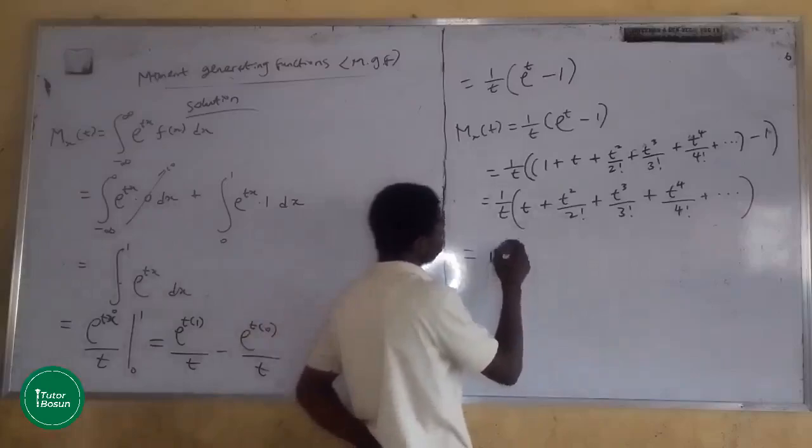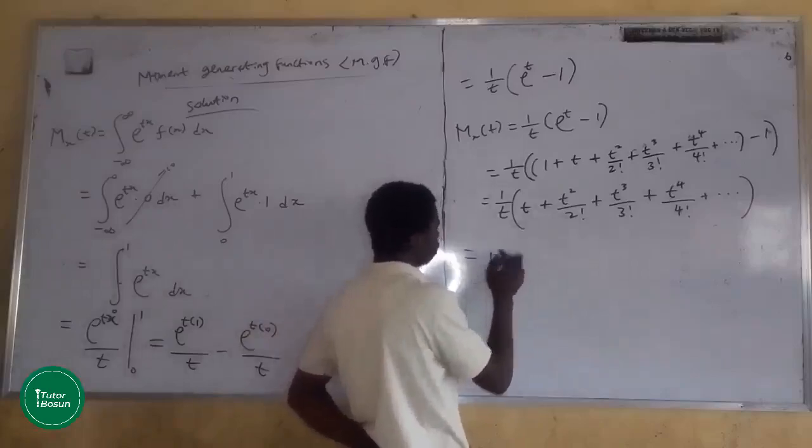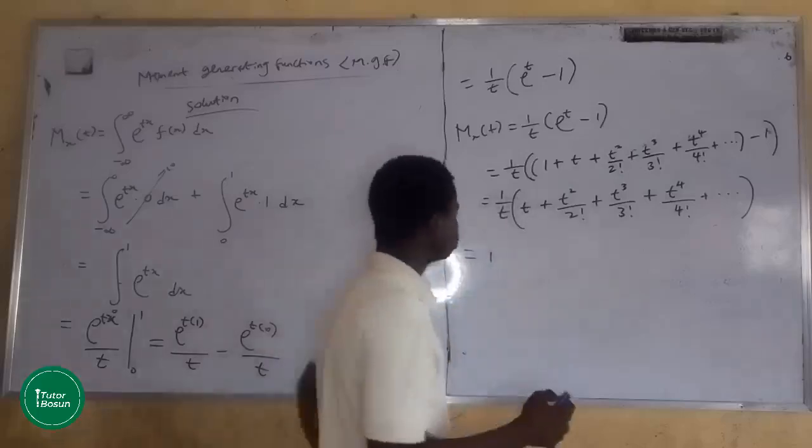I will be left with 1 over t times t, which gives us 1.